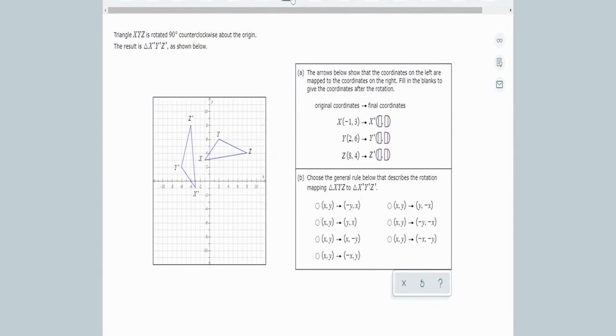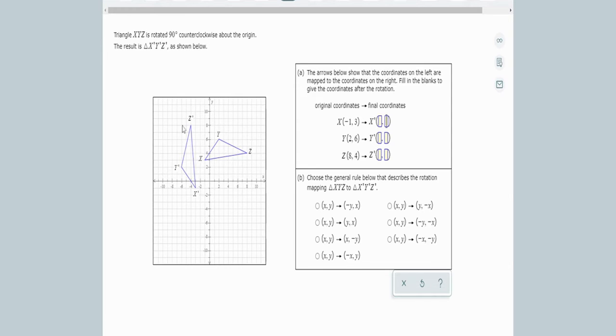Okay, let's look at another sample problem that we could run into. This one says triangle XYZ is rotated 90 degrees counterclockwise about the origin. As a result, we have X prime, Y prime, and Z prime as shown below. So here's the original, here's the new one. They give you the coordinates for the original three points.